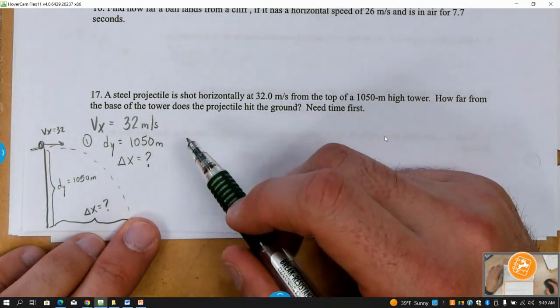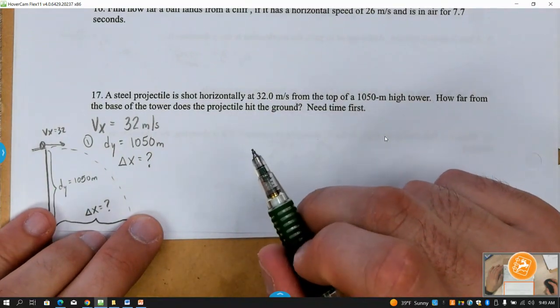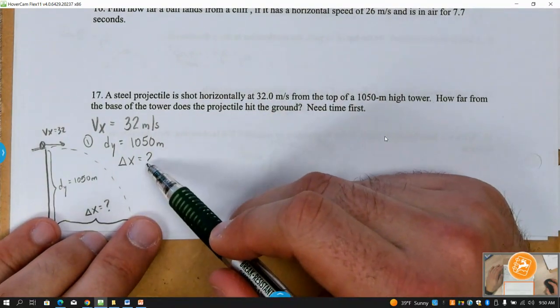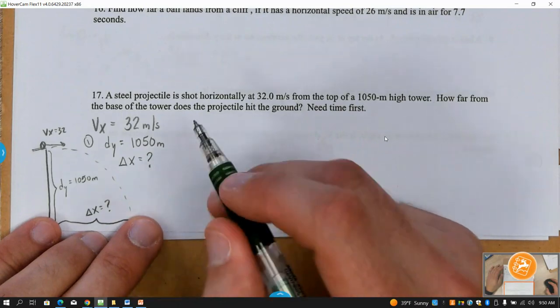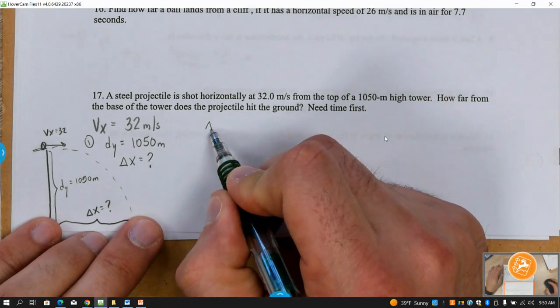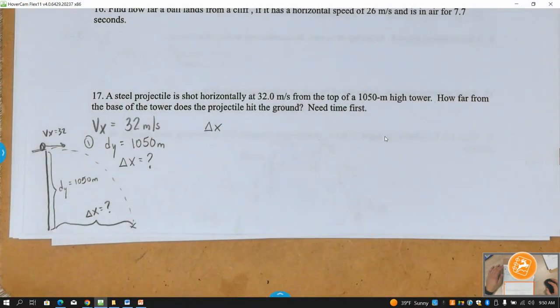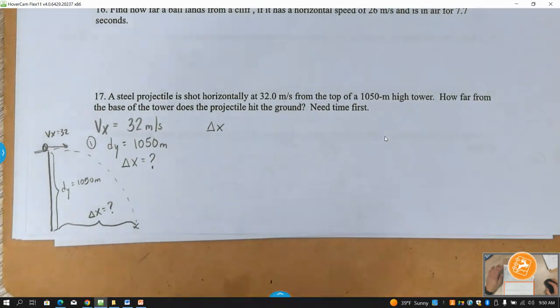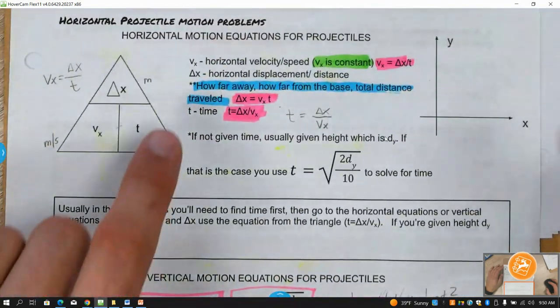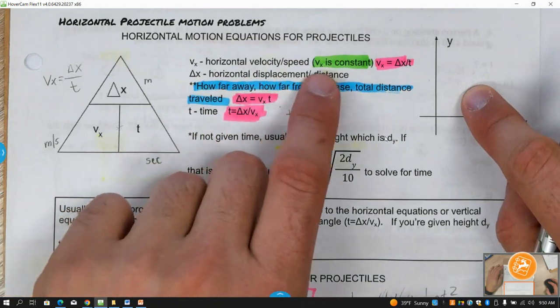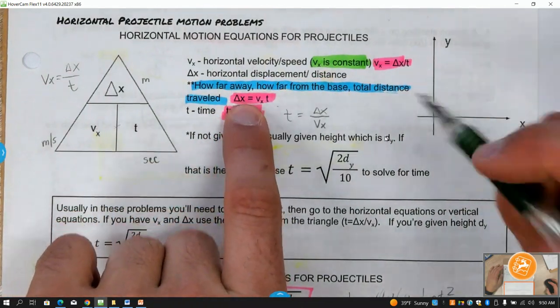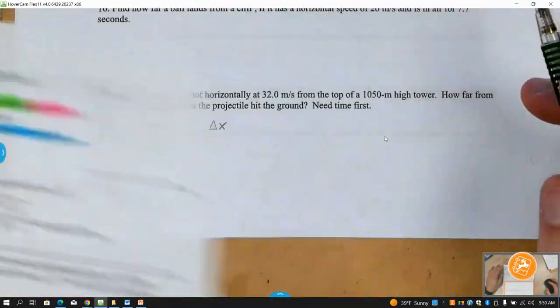The next step that you guys should do is to do what? Write the equation for your question mark. I don't remember that off the top of my head, so I go to my equation sheet. Delta x is Vx times time.